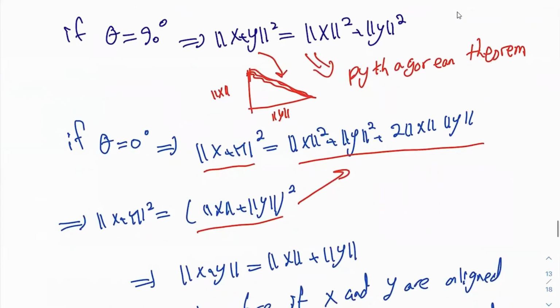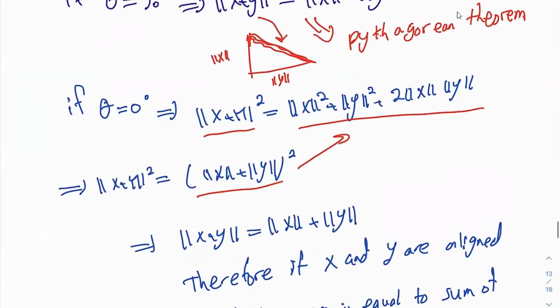Take a square root from both sides. You get the norm of x plus y is equal to the norm of x plus the norm of y. Wait a minute. The norm of x plus y is always smaller than or equal to the norm of x plus the norm of y. That's the triangle inequality. But now we get equality here. So equality for the triangle inequality happens when two vectors are completely aligned, when the angle between them is 0.